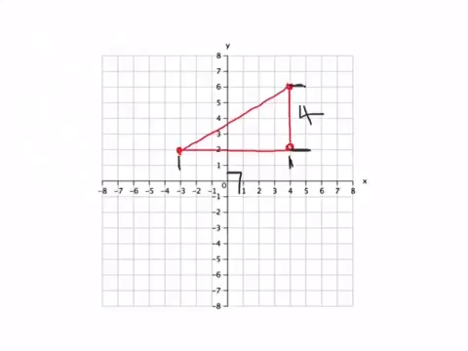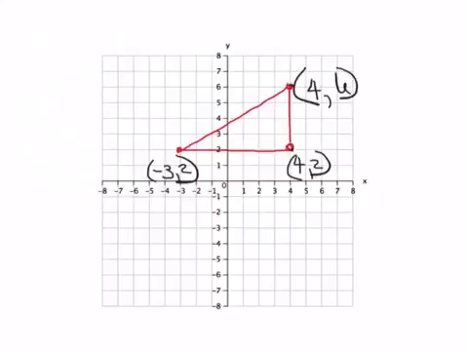Another way of doing it, which is going to be the preferred way, is to look at each one of these points. This is the point -3, 2. This is the point 4, 2. And this top one is the point 4, 6. 1, 2, 3, 4, 5, 6.